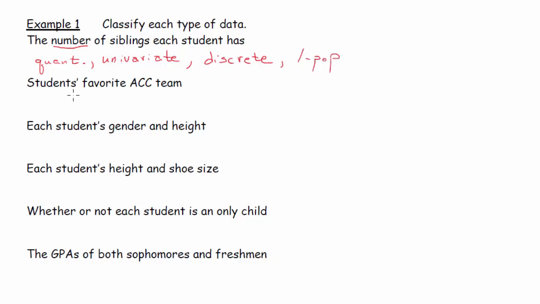Next we want students' favorite ACC team. The first question I'm going to ask myself is, is this going to be a number or a category? An ACC team is not a number, so this is going to be categorical. If you remember back to our graphic organizer, let's flip back over there.